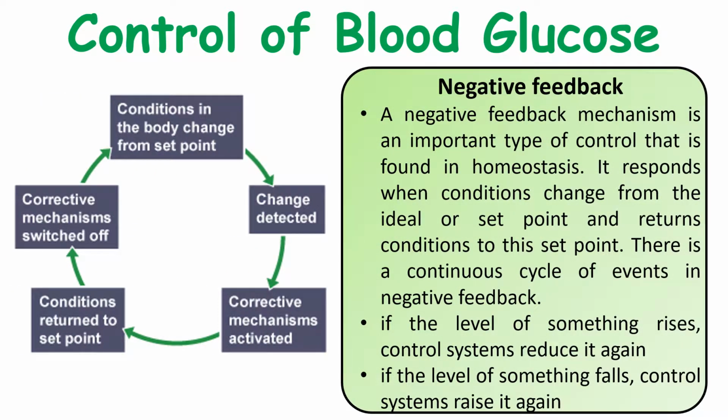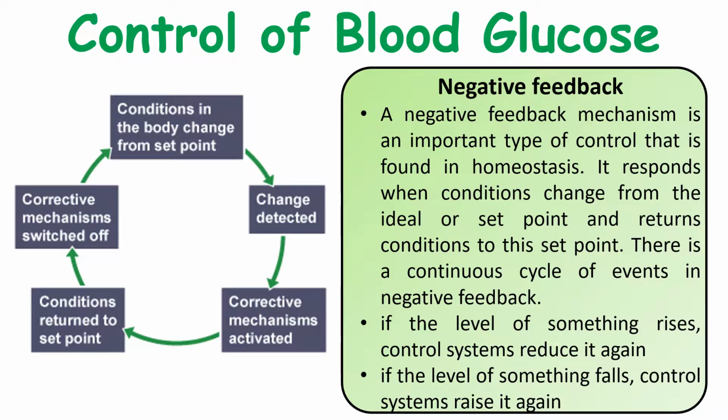One key thing to think about when we're thinking about controlling blood glucose is this phrase, negative feedback. A negative feedback mechanism is an important type of control that we find in most types of homeostasis. It responds when conditions change from an ideal or set point and returns those conditions to that ideal point.